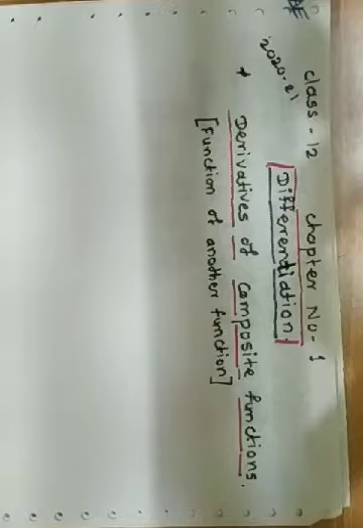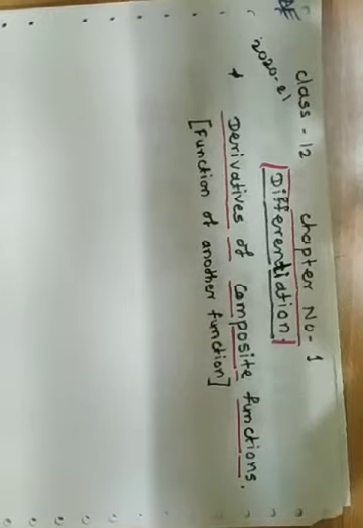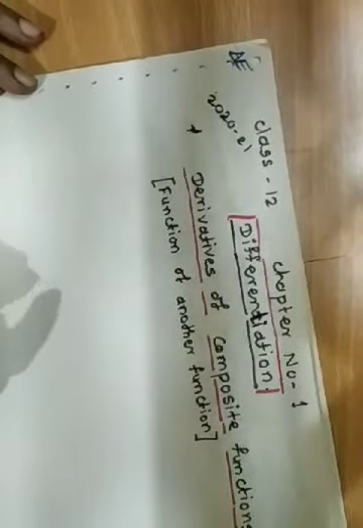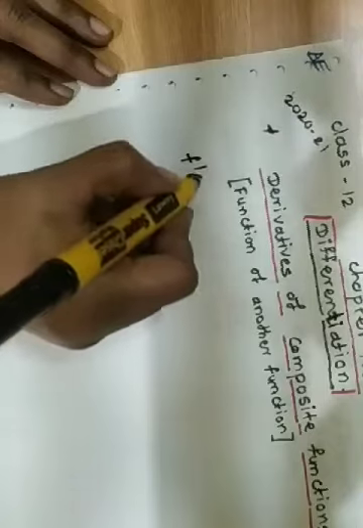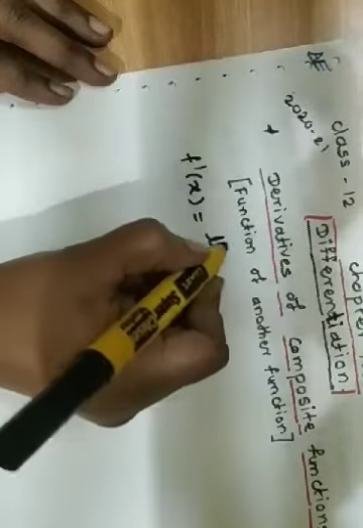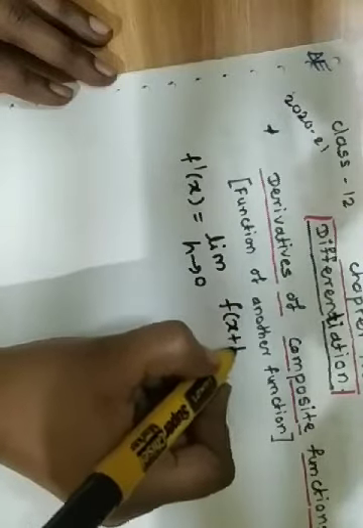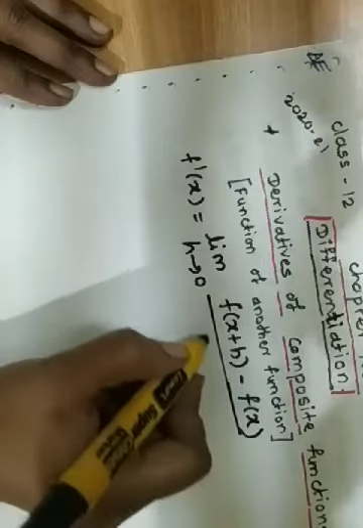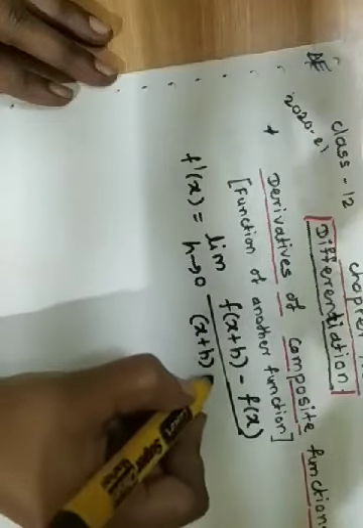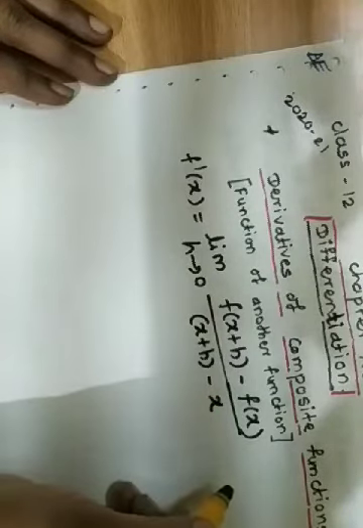Students, we have already studied the first principle of the derivative. Let us see here the first principle. f dash of x is equal to limit h tends to 0, f of x plus h minus f of x divided by x plus h minus x, and this x cancelled out and divided by only h.